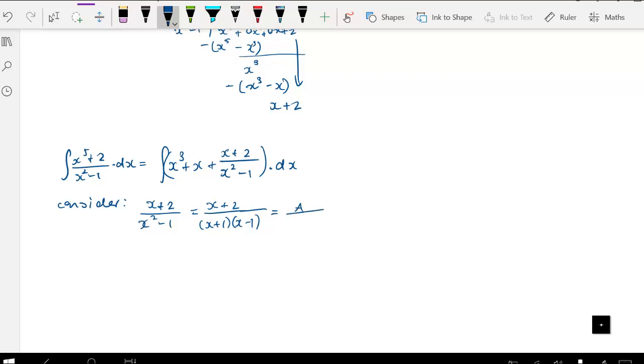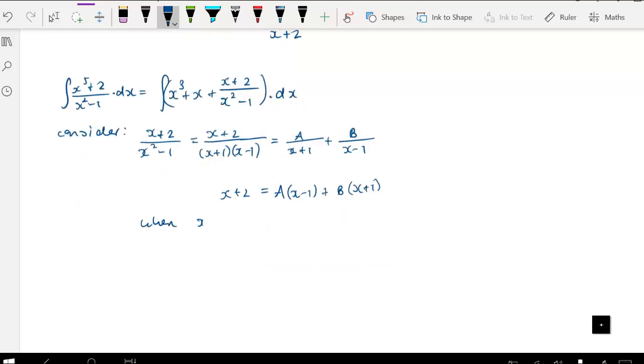So we're looking at a over (x plus 1) and b over (x take 1), which means we can say that x plus 2 is equivalent to a lots of (x take 1) when we get our common denominator, and b lots of (x plus 1).